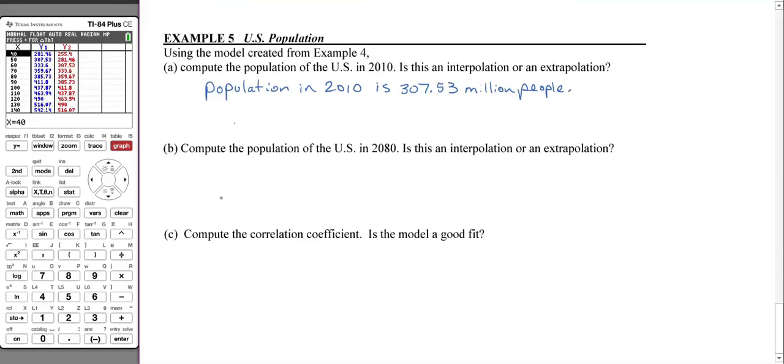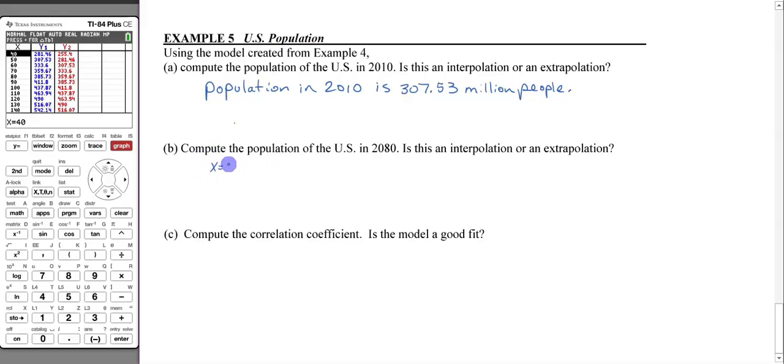Now we're going to compute the population of the US in the year 2080. Let's say that we use the same model. If we had the year 2080 and we're using our second model that is aligned to the year 1950, then we need to go to an x input of 130.